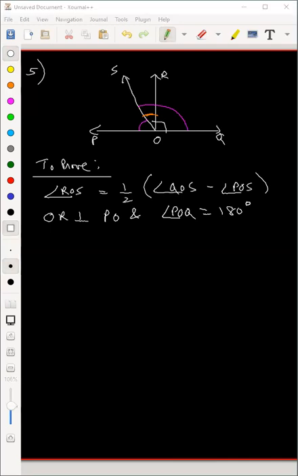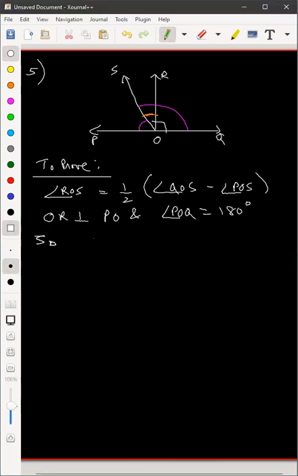Because we said that POQ is a line, that's given, right? Are you clear so far? So angle POS plus angle ROS is equal to what will it measure become? 180 minus 90, which is 90 degrees. Yeah, but we cannot write 90 directly, we need to write this step.